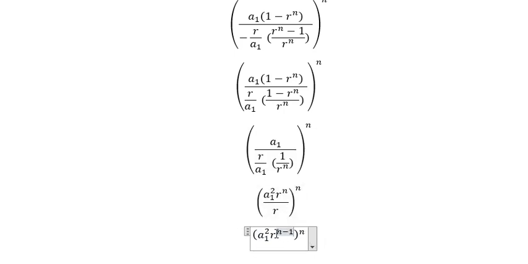And now n multiplied by n minus 1 over 2. So we have a1 to the power of 2n, and we have r to the power of n multiplied by n minus 1.